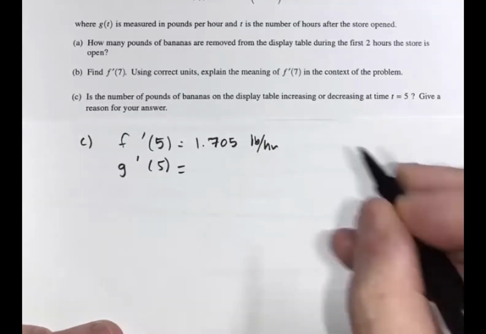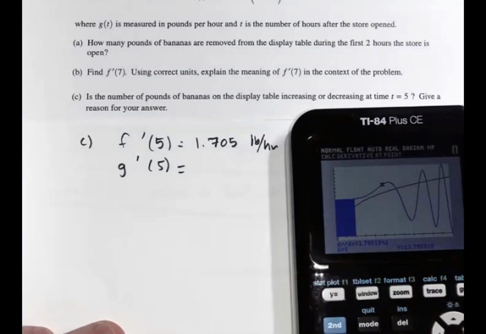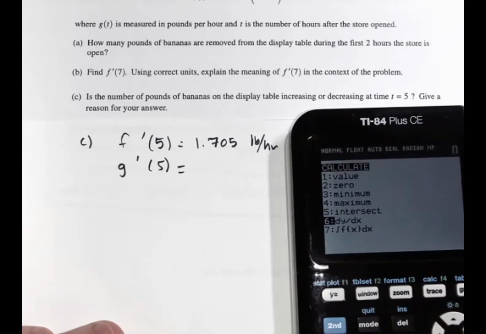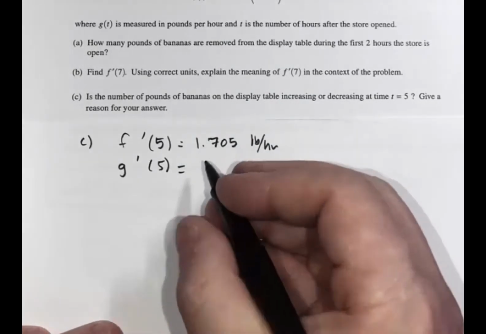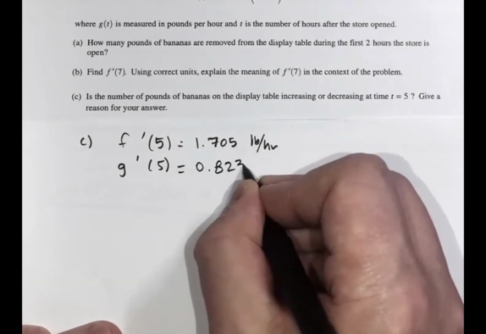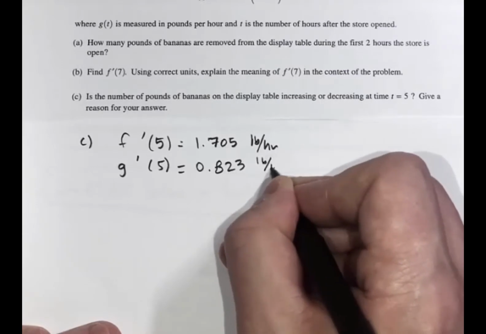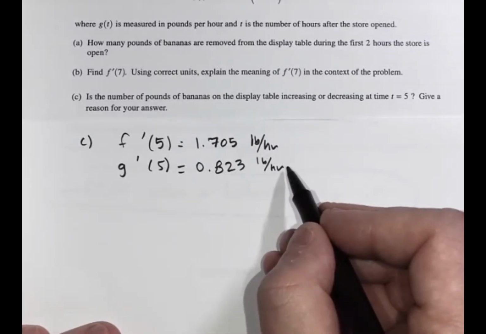And if I want to calculate the derivative, now I'm going to press down to get to the red function, and I'm going to do that at 5. I can see that that is 0.823 pounds per hour. And that's how fast the stockers are putting them on.